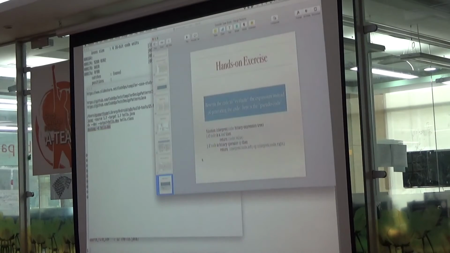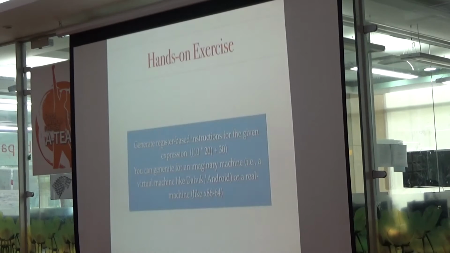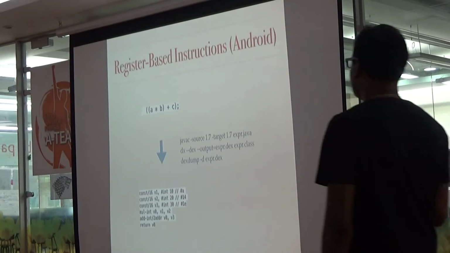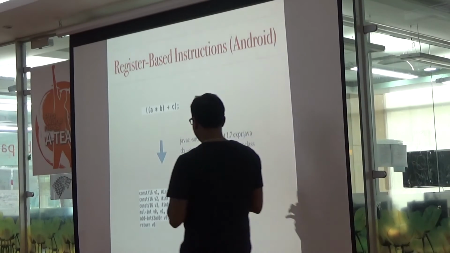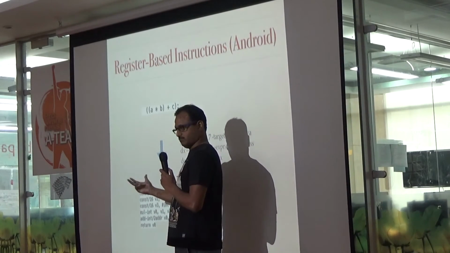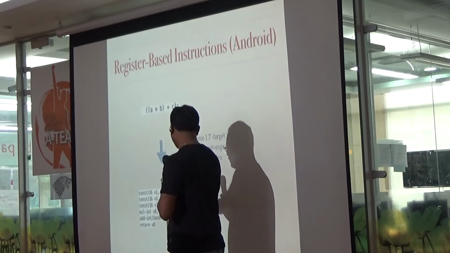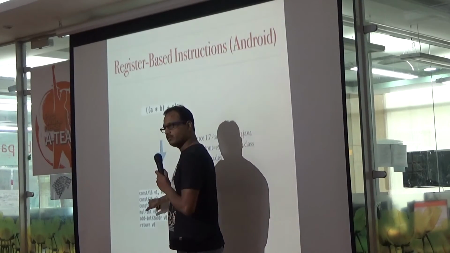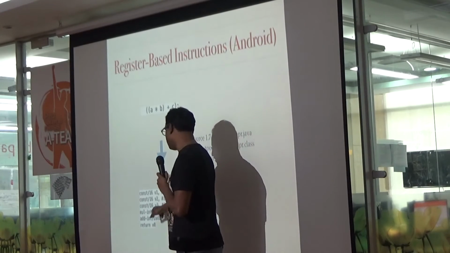To show the steps, this is actual Android code. You have A star B plus C and constant 60, that is 2 bytes. Take the value 10 and put it into V1. Take the value 20, put it into V2. Take the value 30, put it into V3.